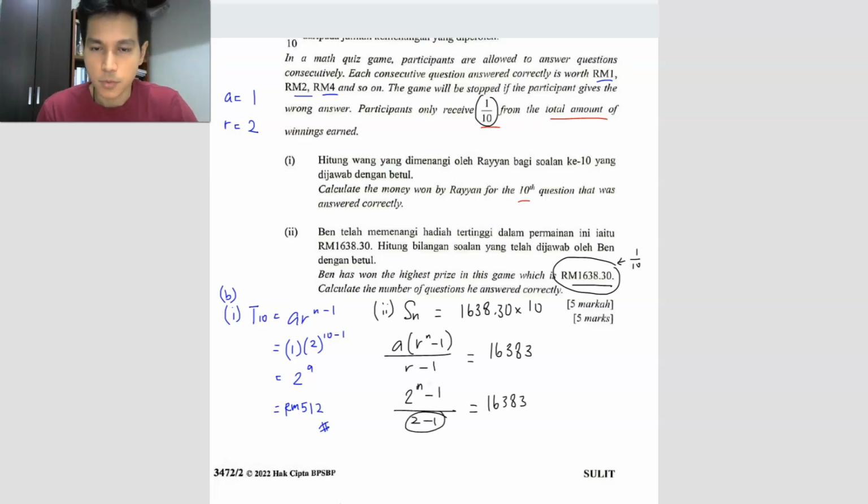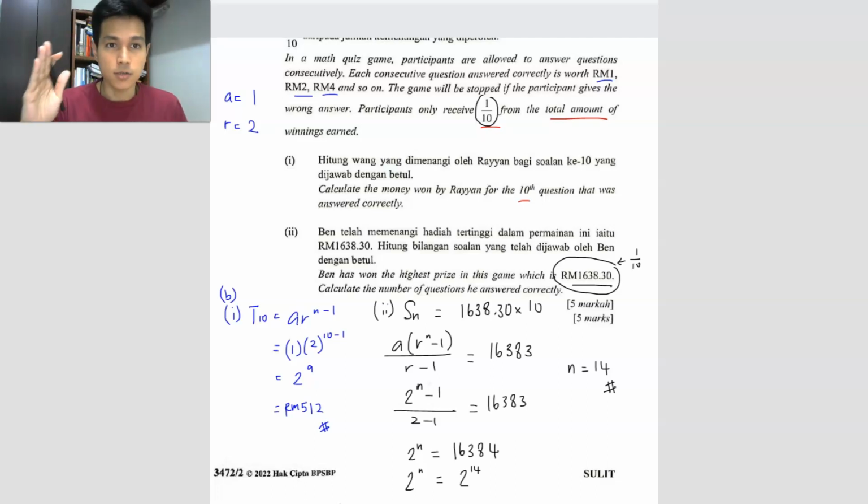The bottom becomes 1, so you can ignore it, and 2^n equals 16384. You can make them the same base, or you can do the log method. In this case I'm not going to do the log method, because you can straight away use your calculator to make it the same base. 16384 is actually 2 power 14. So n equals 14. That means he stopped at the 14th question.